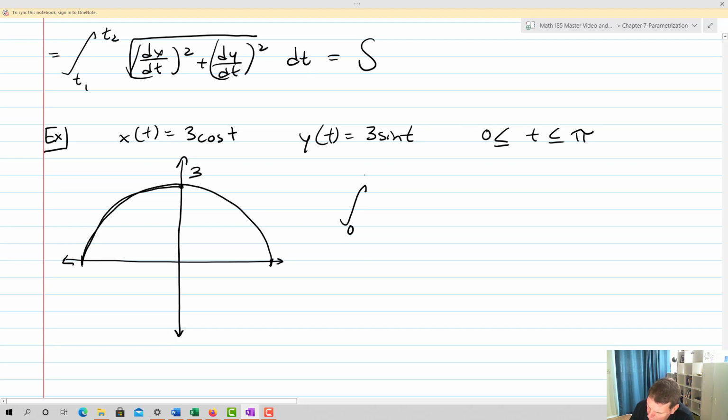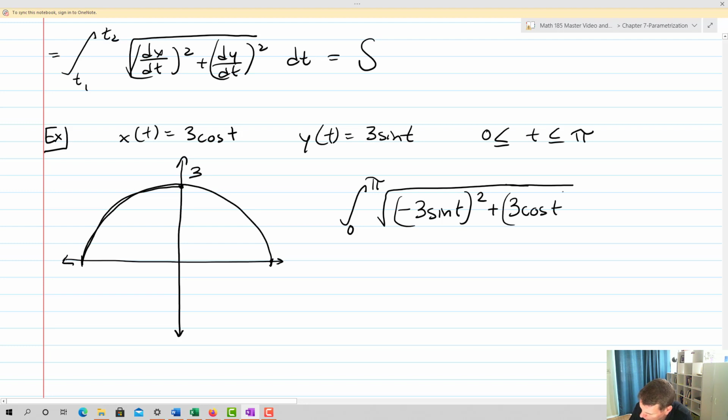So we're going to have the integral from 0 to pi of the square root. We'll take the derivative, x prime, so this is going to end up being negative 3 sine t squared, plus the derivative y prime, which will give me 3 cosine t squared, and then just dt.